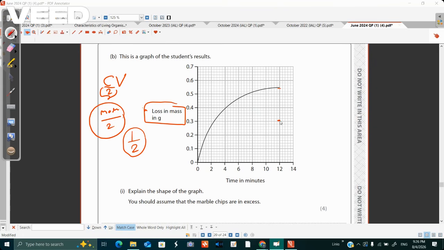Let's say here, and also the reaction is also happening very slowly. Why? You have less number of molecules, half the reactant, so less collision. So therefore, the gradient must be much lower, right? Since it's happening slowly, right?